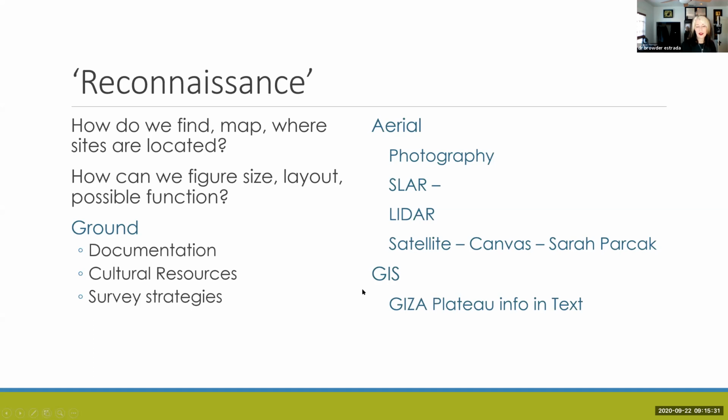And then there's geographic information systems. I don't have a slide on this because your textbook talks about GIS and the Giza Plateau in Egypt, one of the most heavily interested areas with tons of amazing architecture, burials, and other types of features. Okay, so 3 types: ground reconnaissance, aerial reconnaissance, and geographic information systems reconnaissance.